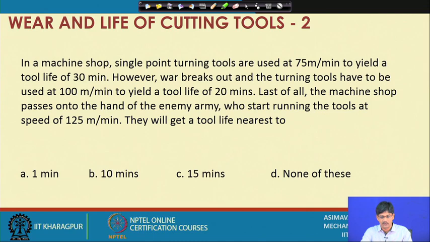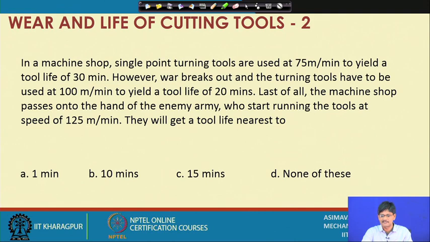However, war breaks out and the turning tools have to be used at 100 meters per minute to yield a tool life of 20 minutes. Last of all, the machine shop passes on to the hands of the enemy army, oh my God, who start running the tools at a speed of 125 meters per minute. They will get a tool life nearest to, some options are given. So, what exactly is the case?